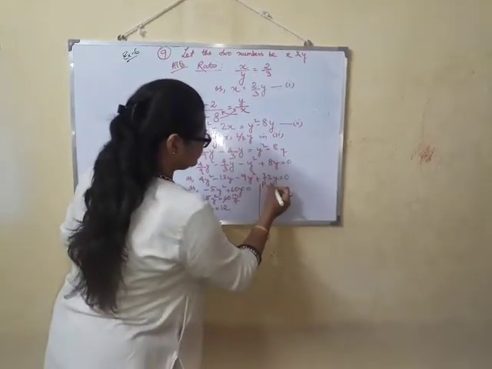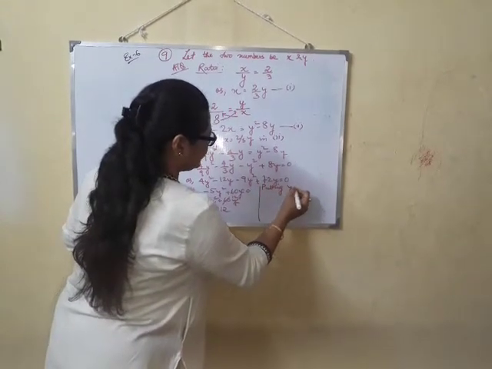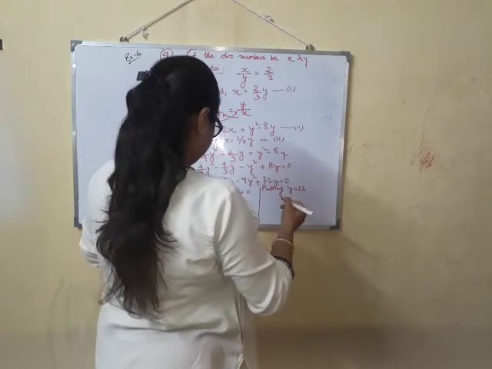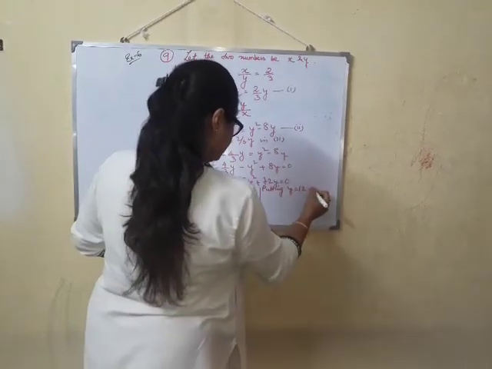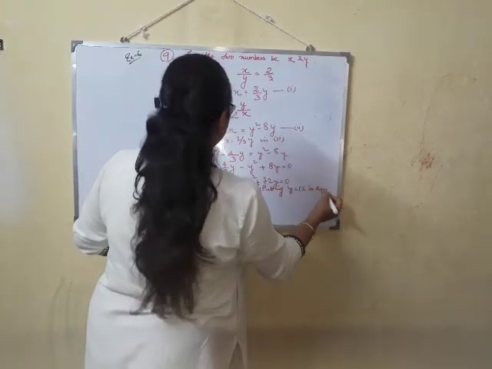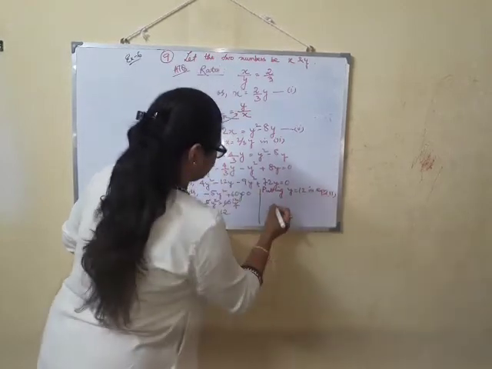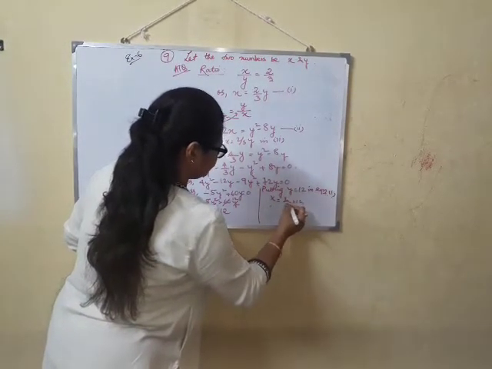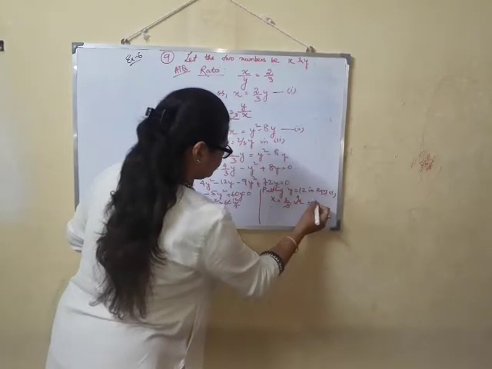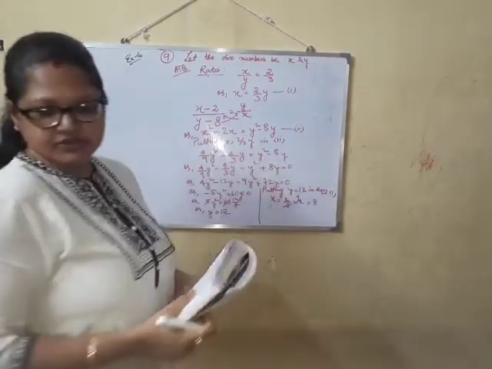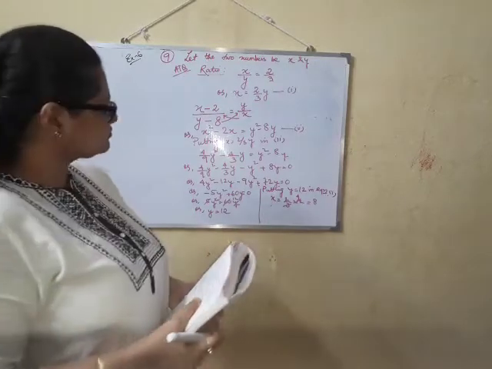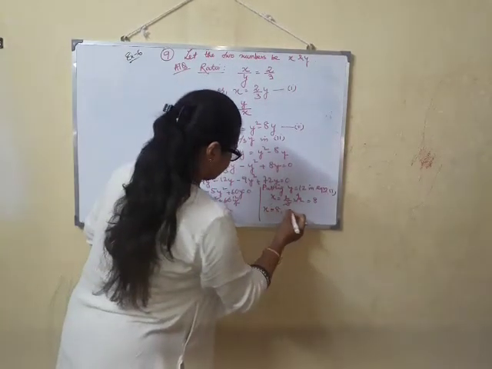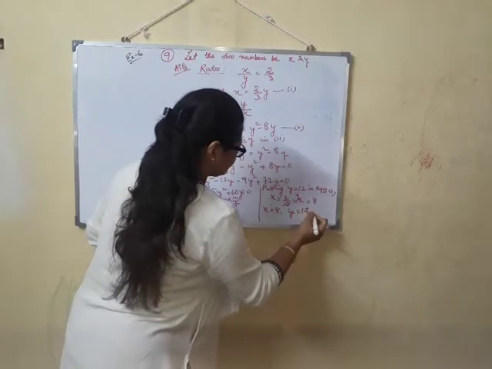Now I am putting y equal to 12 in equation 1. x becomes 2 by 3 into 12. Okay. So your numbers are x equal to 8 and y equal to 12.